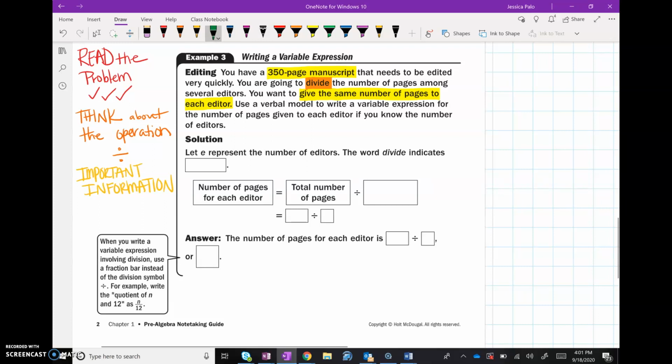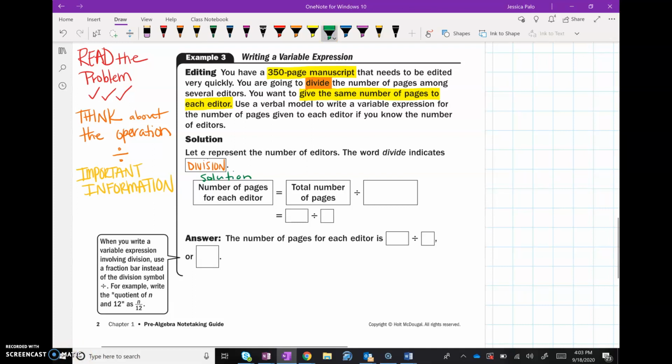So we know that the word divide indicates division. We figured that out during our thinking step. We know the solution that we're looking for is the number of pages that each editor will get.